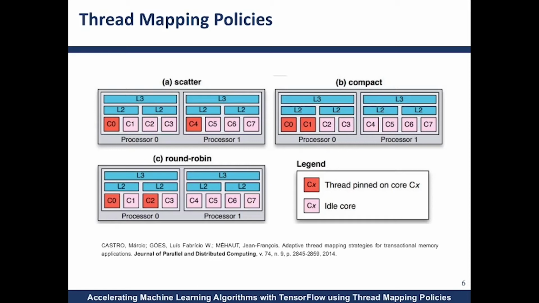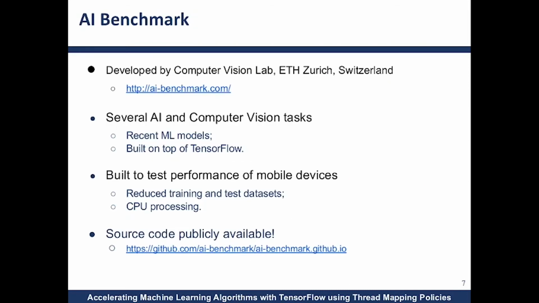And whether these changes result in better performance or not depends as well on the application that's being executed in these threads. So it is important for us to perform experiments and see which of these policies can result in better performance or not.